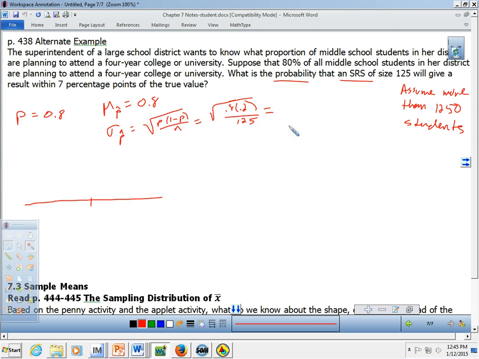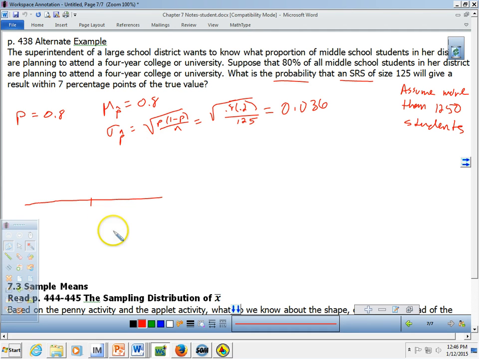We square root 0.8 times 0.2 divided by 125, and the standard deviation is going to be 0.036, unless my math is wrong. Now we know the center and we know the spread.